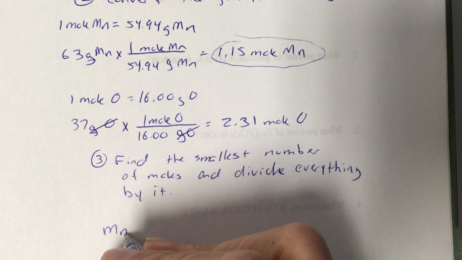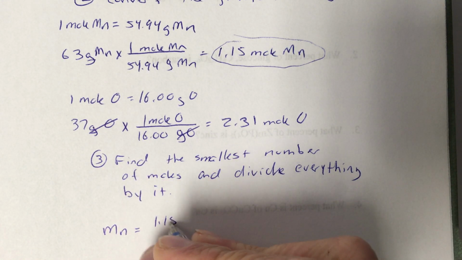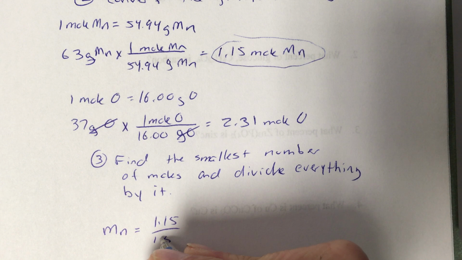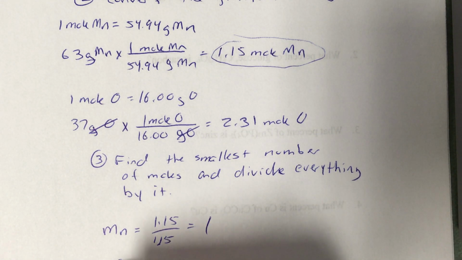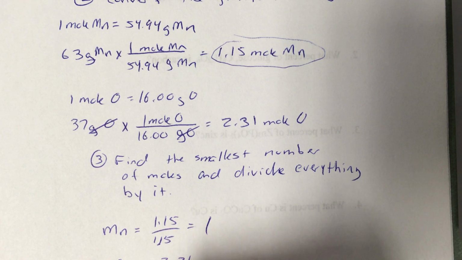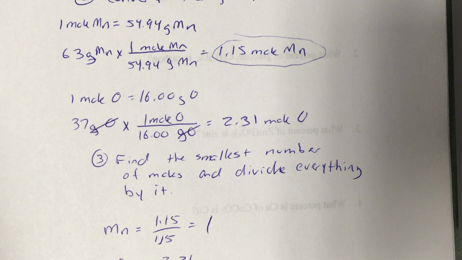So for manganese, it'd be 1.15 divided by 1.15, or 1. And for the oxygen, it would be 2.31 divided by 1.15, which is 2. We want to round these to whole numbers, because these are going to be the subscripts for my formula.